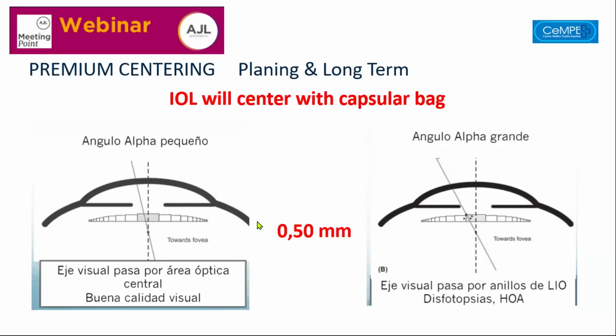Always pay attention to kappa angles larger than 0.5 millimeters. Always pay attention. But best advice in this case is get to know your machine and how your machine calculates it, and the result it gives you.